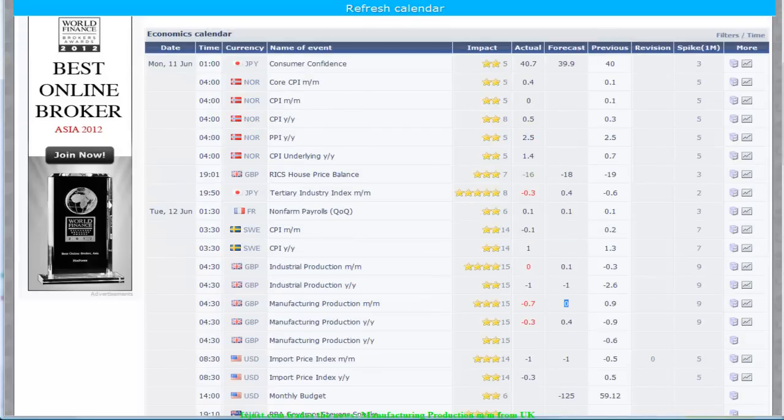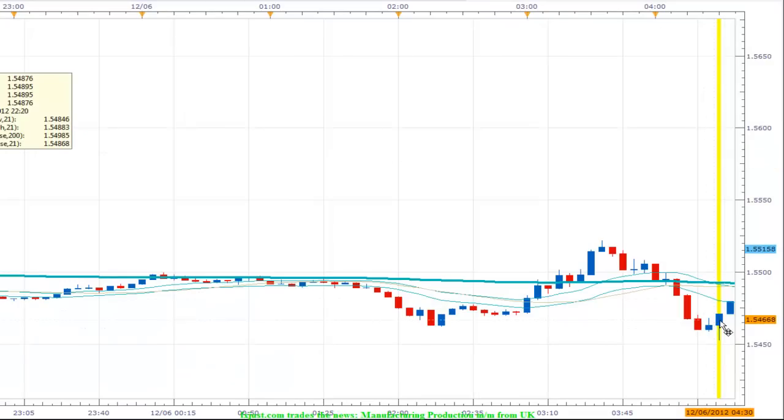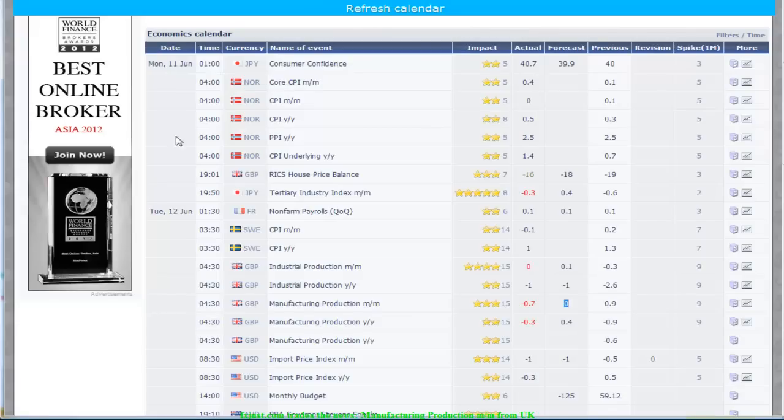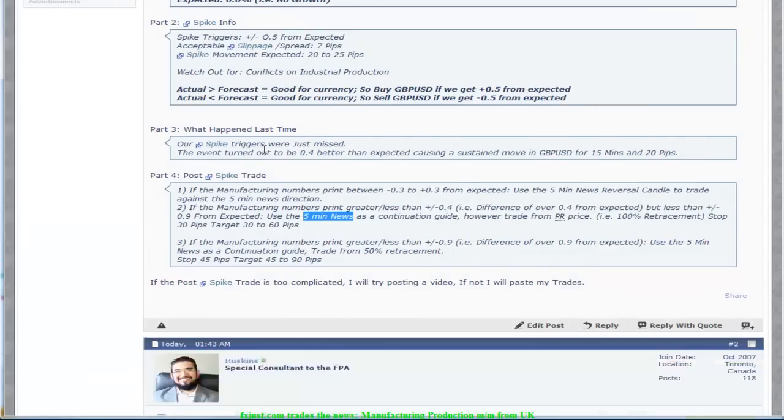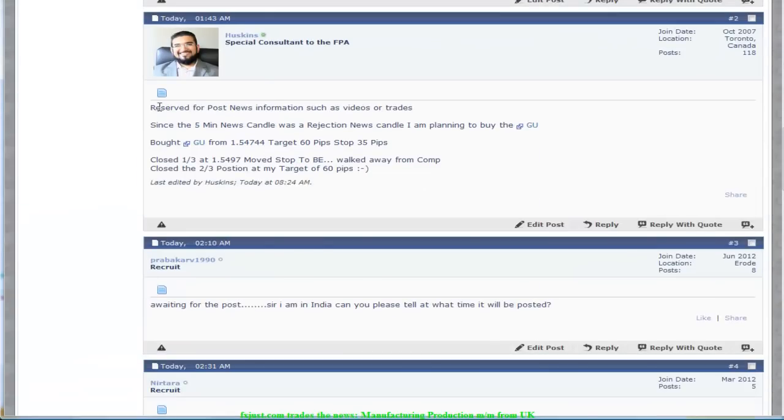In this case, we should have seen a red candle. We did not see a red candle, and we saw a buy candle. Though my initial expectation was that it should go down, I quickly changed my mind and placed a buy trade.